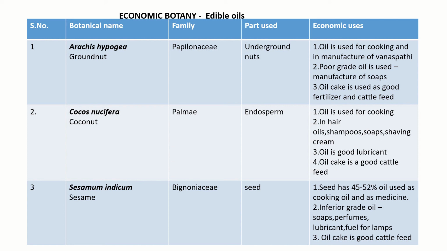The inferior or a little lower grade oil is used in manufacture of perfumes and soaps, lubricants, fuel for lamps and all. Finally, oil cake is used for cattle feed. For all these three, this is very common, right? Oil cake that's produced is used as a very good cattle feed.